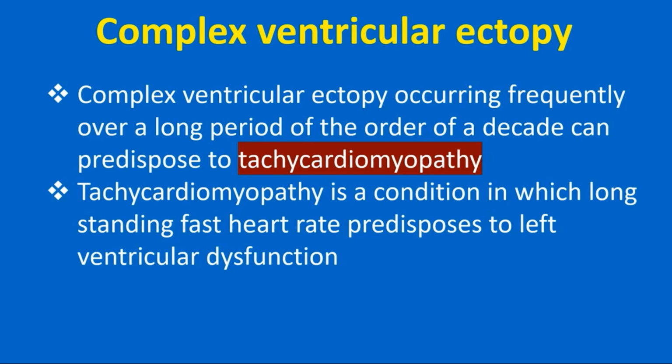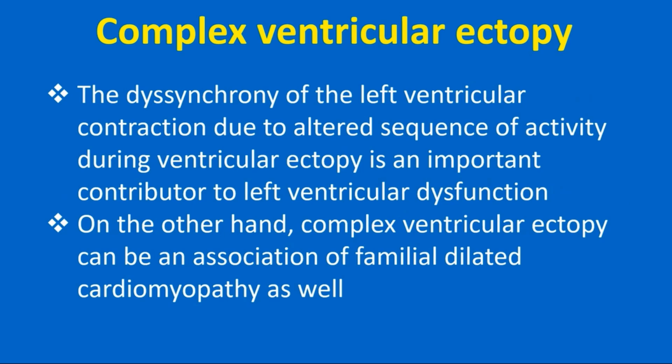Complex ventricular ectopy, occurring frequently over a long period of the order of a decade, can predispose to tachycardiomyopathy. Tachycardiomyopathy is a condition in which long-standing fast heart rate predisposes to left ventricular dysfunction. The dyssynchrony of the left ventricular contraction due to altered sequence of activation during ventricular ectopy is an important contributor to the left ventricular dysfunction.